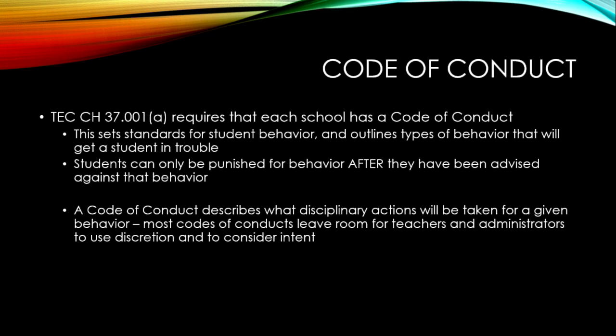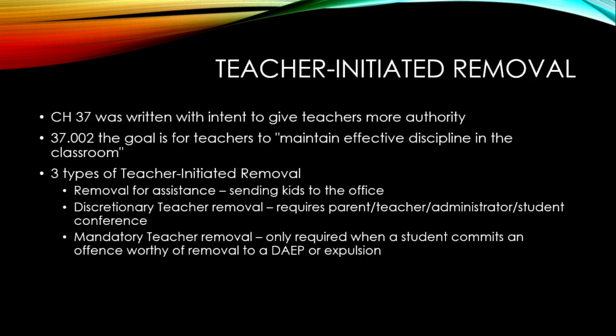This is a set of standards for student behavior that outlines types of behaviors that will get students in trouble. Students can only be punished for behavior after they have been advised against that behavior. A code of conduct describes what disciplinary actions will be taken for a given behavior. Most codes of conduct leave room for teachers and administrators to use discretion to consider intent.